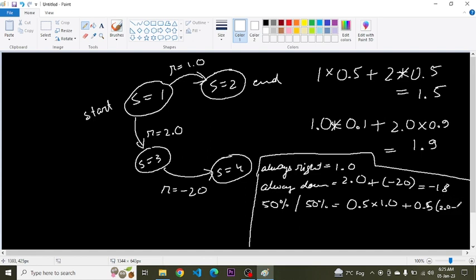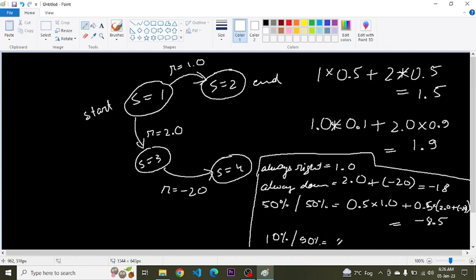It's 2 plus minus 20. Okay, so this is going to be minus 8.5, and then the 10% and the 90% case that we discussed before. So these things are already discussed before, so we just write it in this specific way.